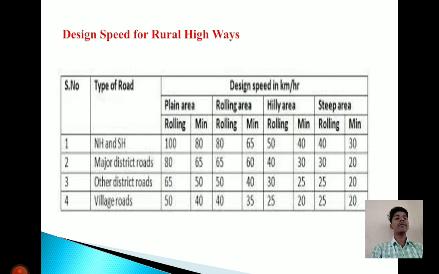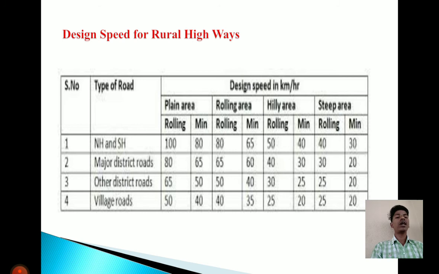For major district roads, the maximum is 80 and the minimum is 65. For other district roads, the maximum is 65 and the minimum is 50. For village roads in the plain area, the maximum is 50 and the minimum is 40.